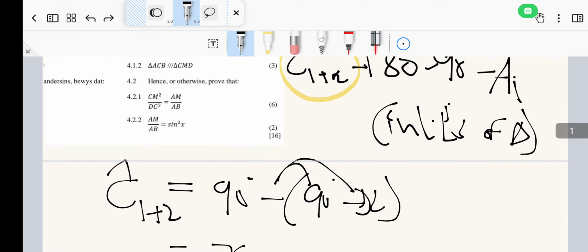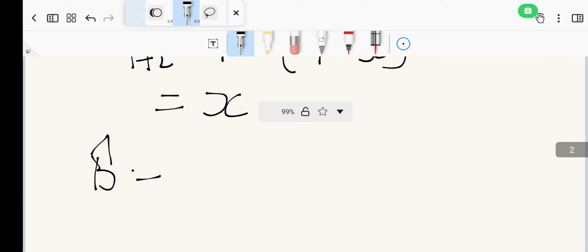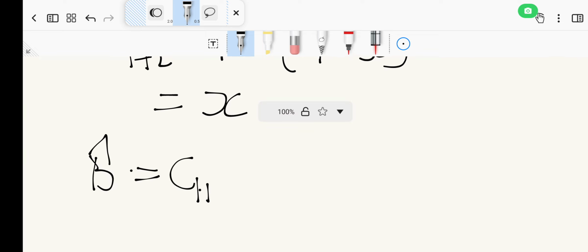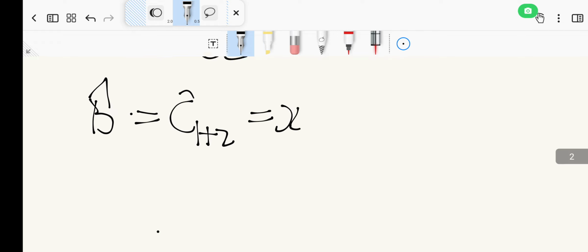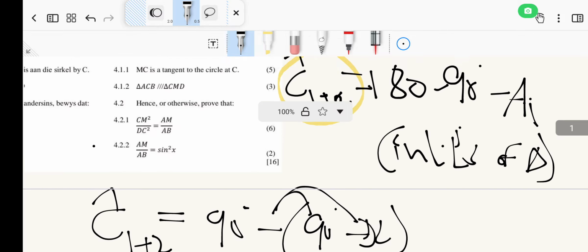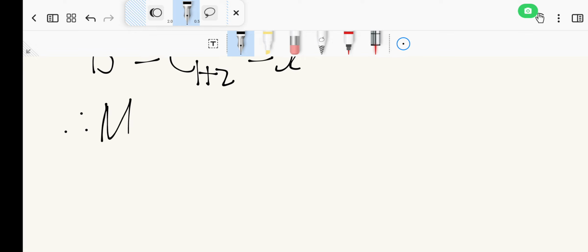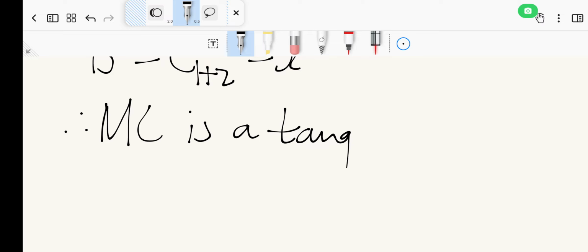So now let's make the statement that B is also equal to C1 plus C2. So all of these are X. And if all of them are equal to each other, then we can say, therefore, MC is a tangent.